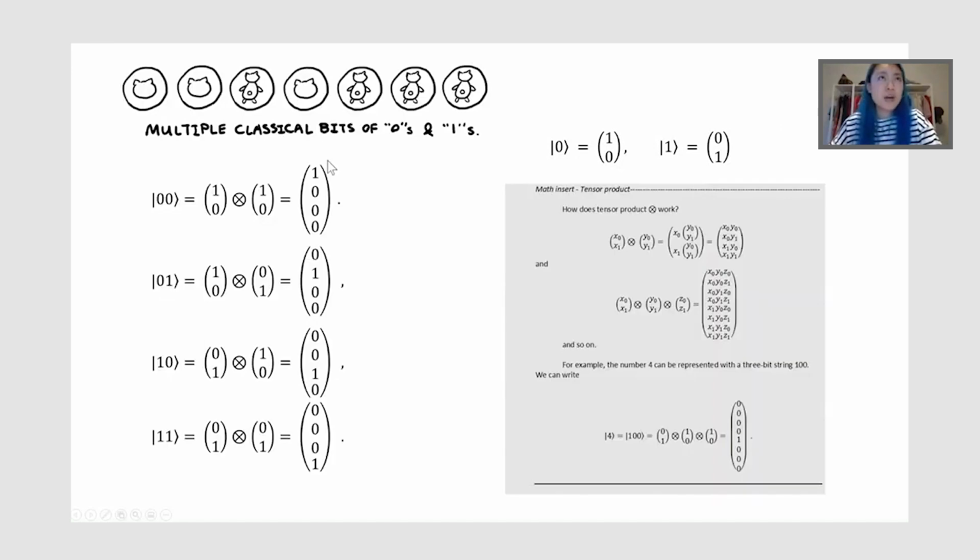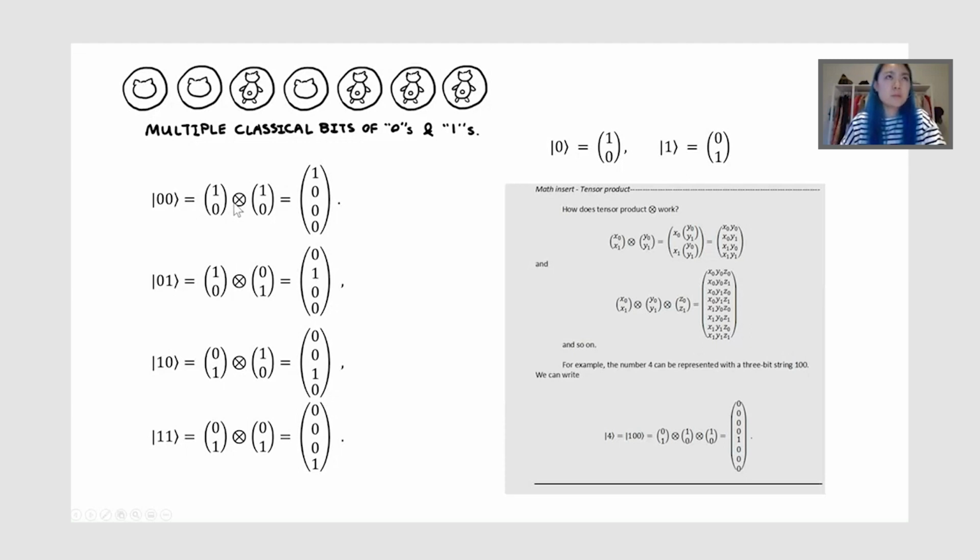Now, if you have multiple bits, we're still talking about classical bits. You can combine them using this tensor product or Kronecker product. Given how you define it, you can define it to lay out this way. If you have two bits, you will only have 4 options because you will have 00, 01, 10, and 11.